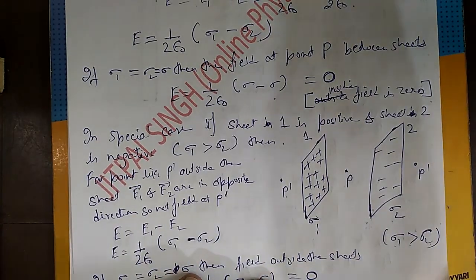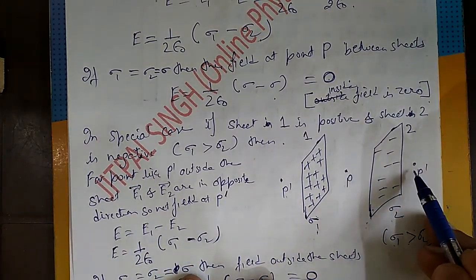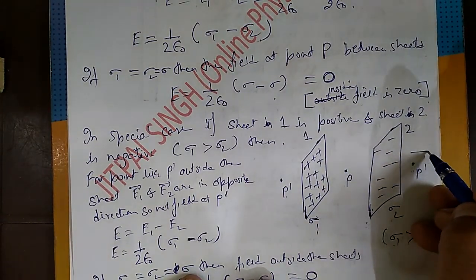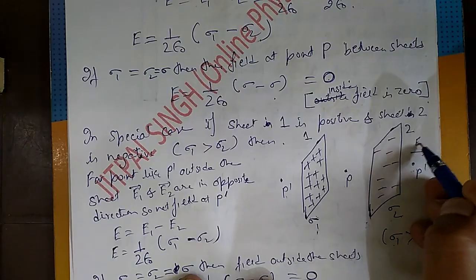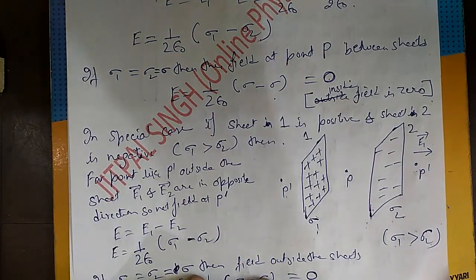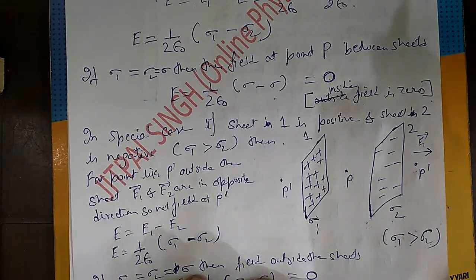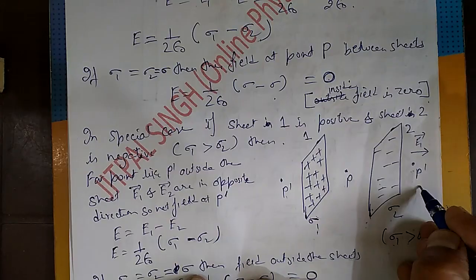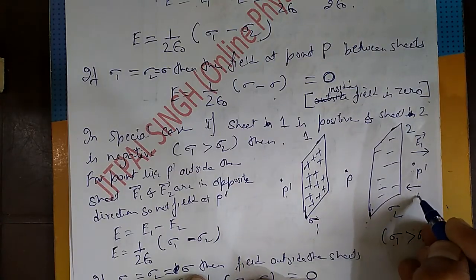Now here what happened, just have a look. For point P dash, the first sheet will produce a field towards the right. Don't forget the direction. How to get it? You just imagine a test charge, a positive test charge. But the second sheet will produce a field towards the left.